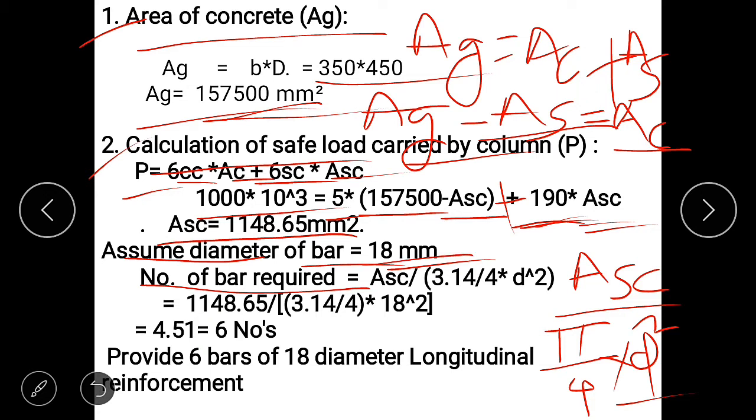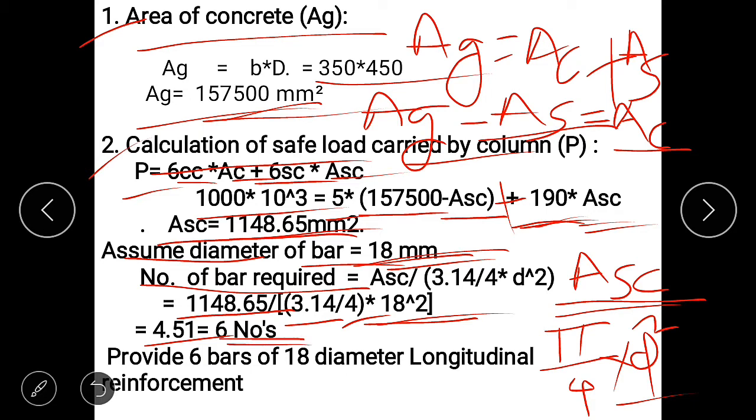So ASC is 1148.65 divided by pi, 3.14, by 4 into the bar diameter 18 square. So 4.51 numbers, but how do we provide 4.51? So we assume 6 numbers.